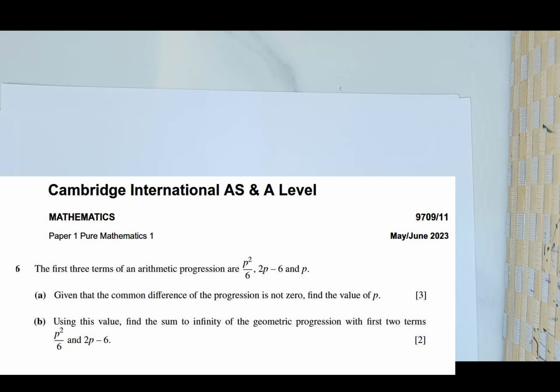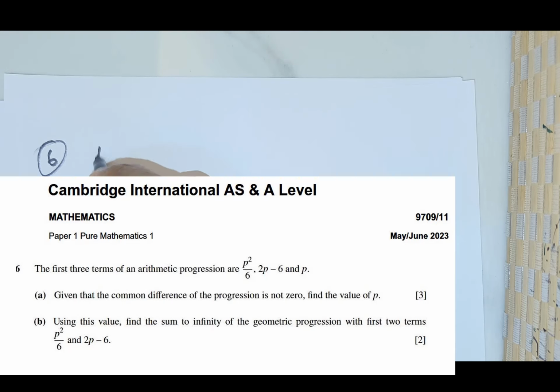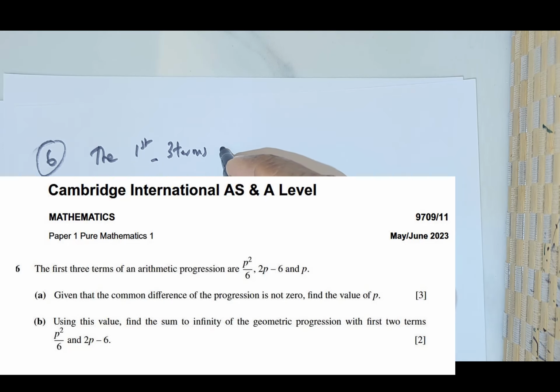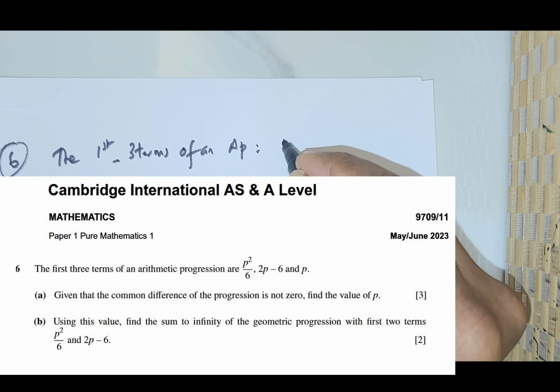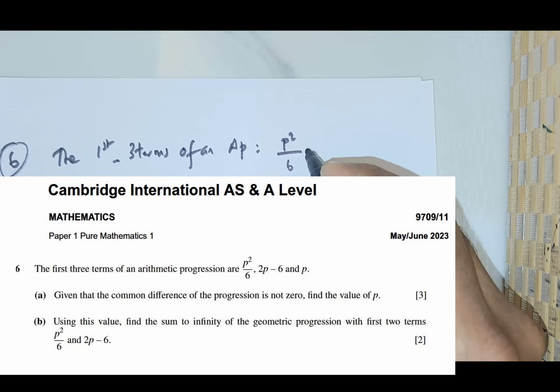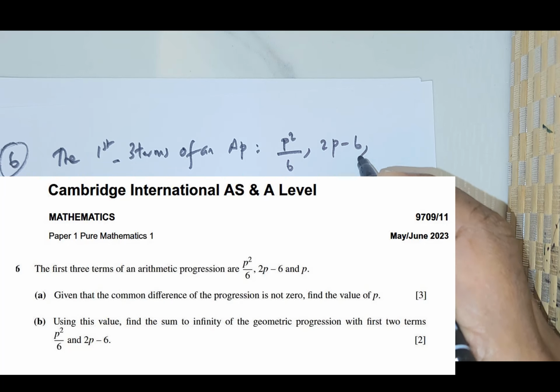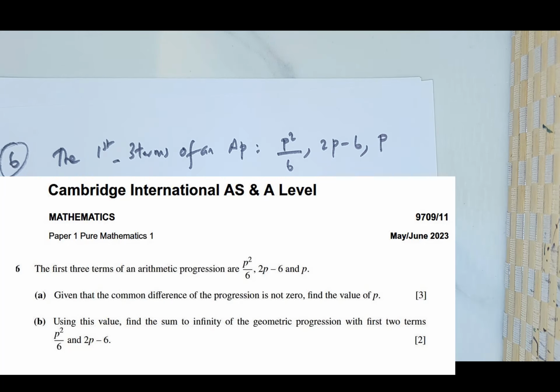Okay, students, we will move on to do question number 6. The question is as follows. The first three terms of an AP are given to be p squared over 6, 2p − 6 and p.